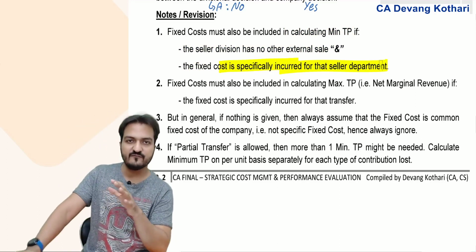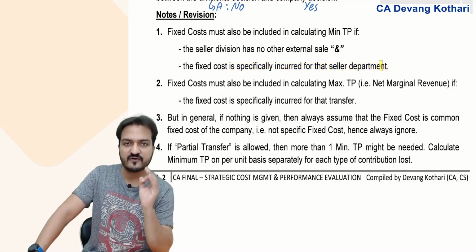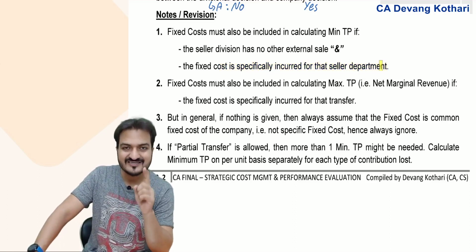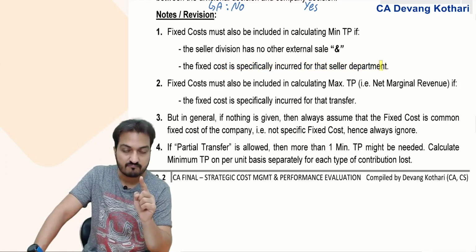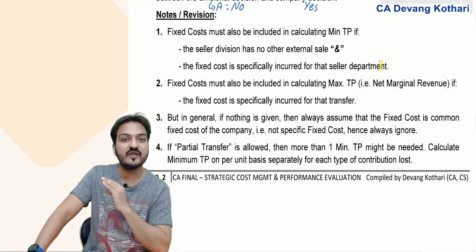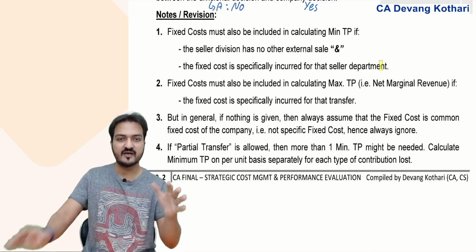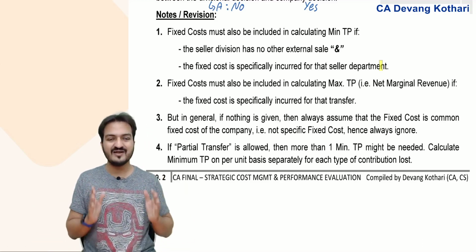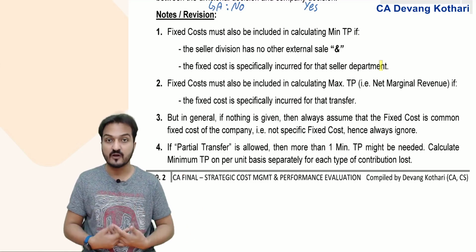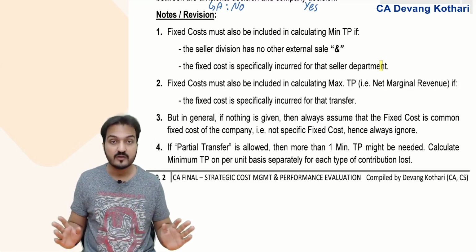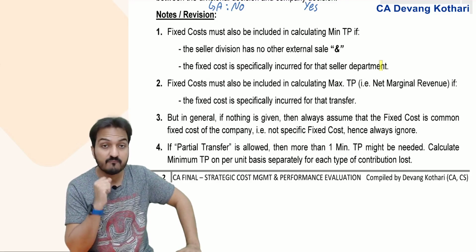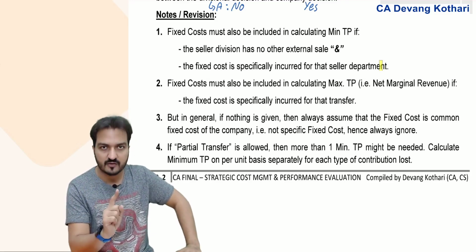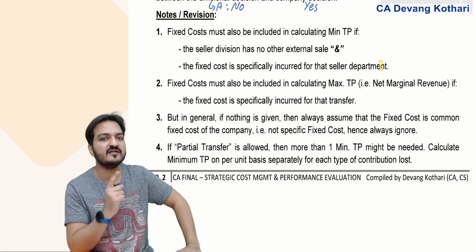Imagine the seller division has its own specific fixed cost which it is incurring only because of the transfer, because seller division does not have any external sale. The entire existence of seller division is only because of doing the transfer. If the transferring is stopped, then seller division is stopped, then fixed cost will stop. Meaning the fixed cost is incurred only for transfer. Then it should be added in the minimum TP.